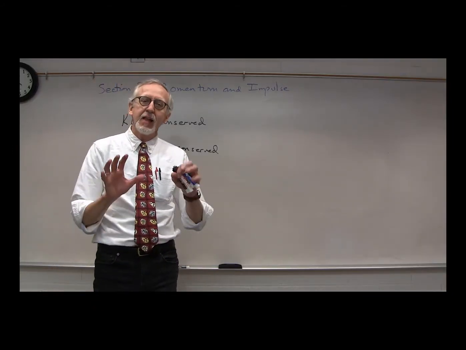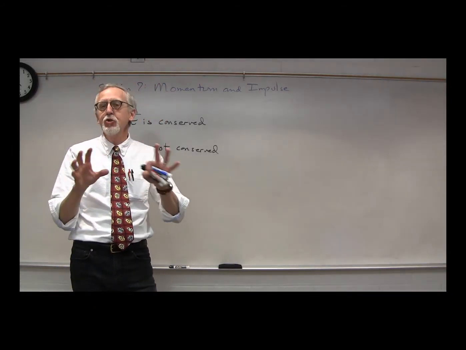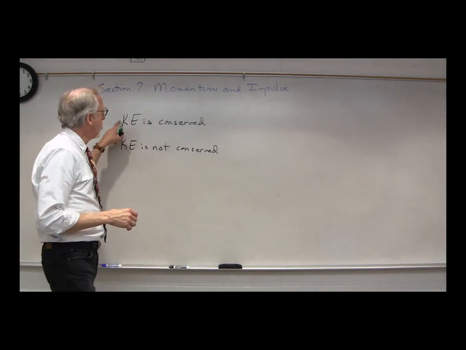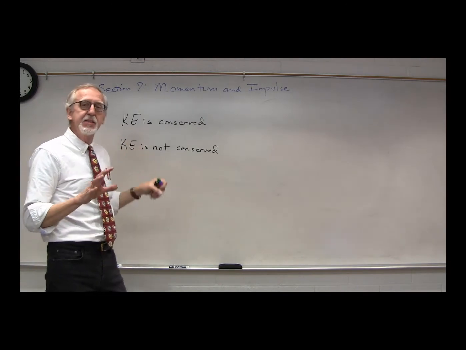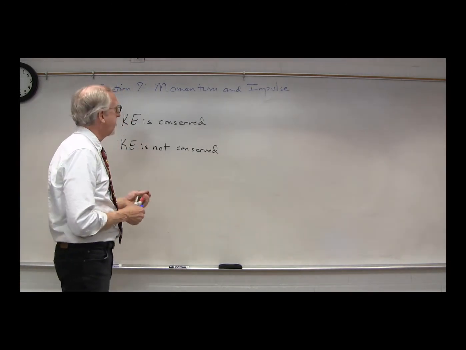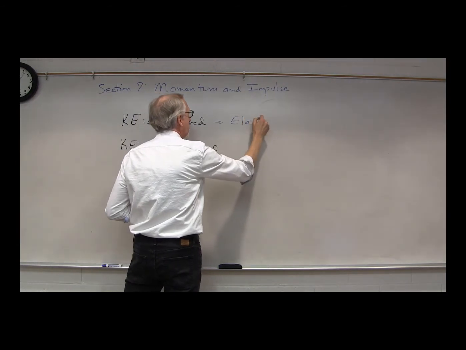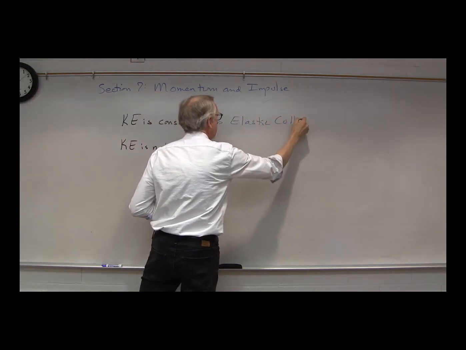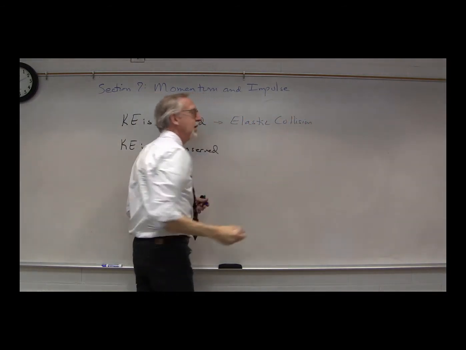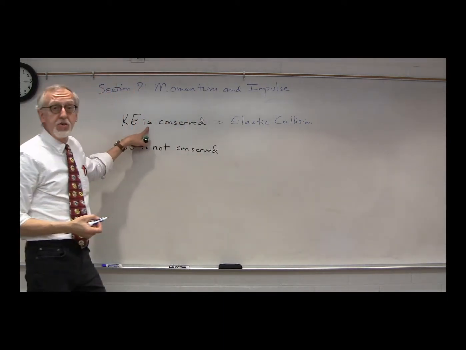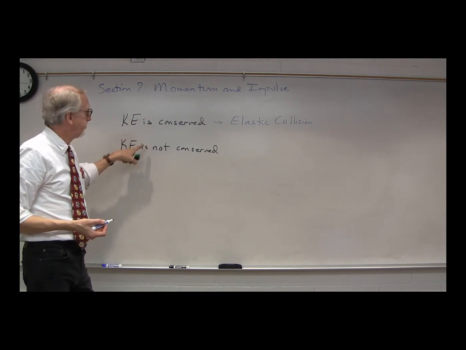Now, we can actually classify collisions into two very broad general types. There's one where the kinetic energy is conserved. This type of collision we call an elastic collision. These are where the kinetic energy is conserved.